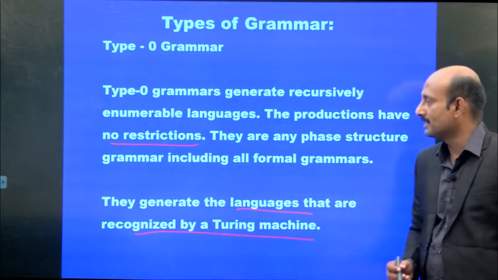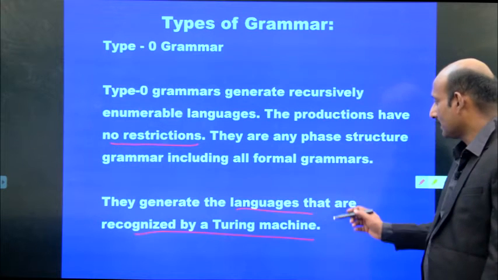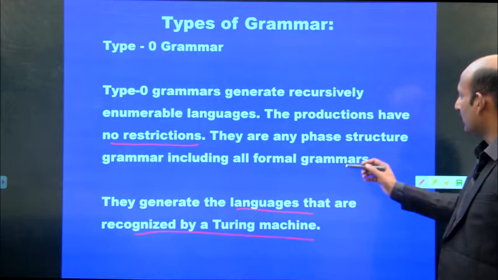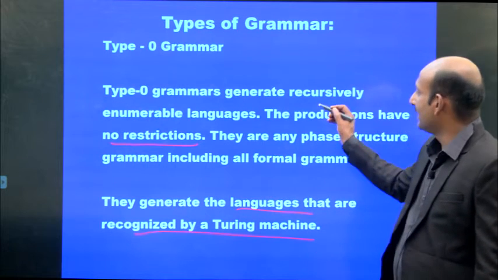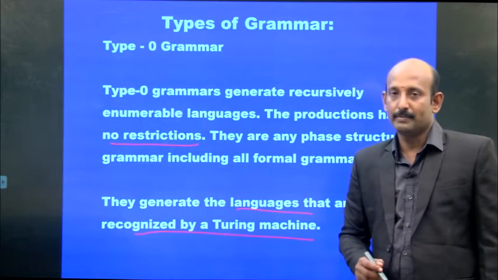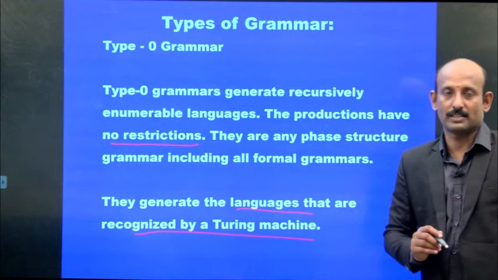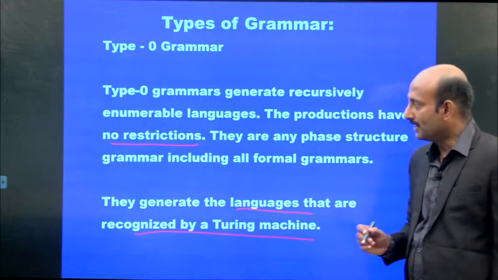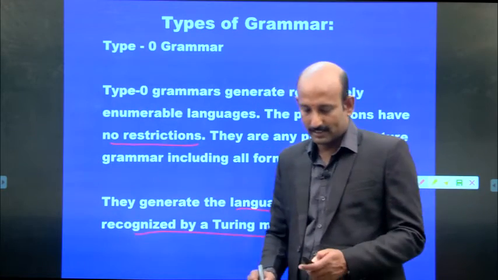So, type 0 grammar generates recursively enumerable languages, and the productions have no restrictions. That is the main important point here.